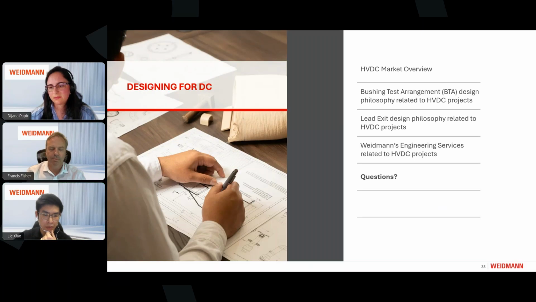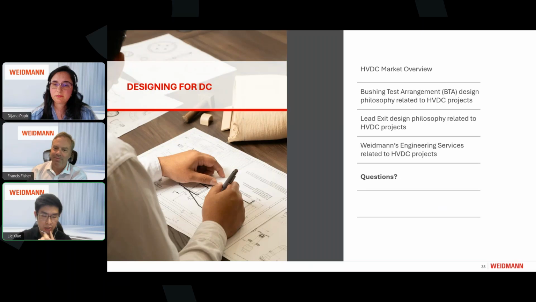So DC designs are normally more complex, and under the DC condition, a thicker solid insulation needs to withstand the field stress, and this determines how the field distributes between the oil and the solid, and during polarity reversal a thicker insulation will accumulate more charges, which will increase the stress locally.